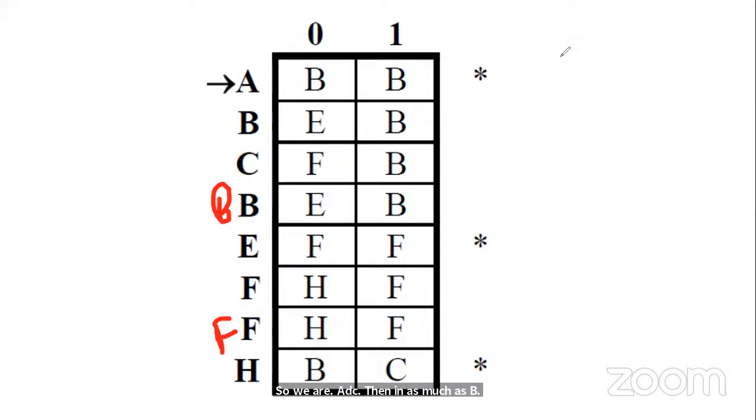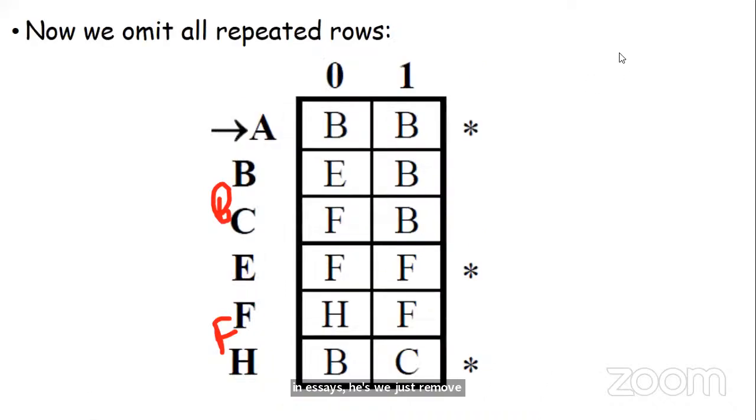So all you will do in essence is to remove the repeated states. D was repeated, it has been removed. G has been removed.